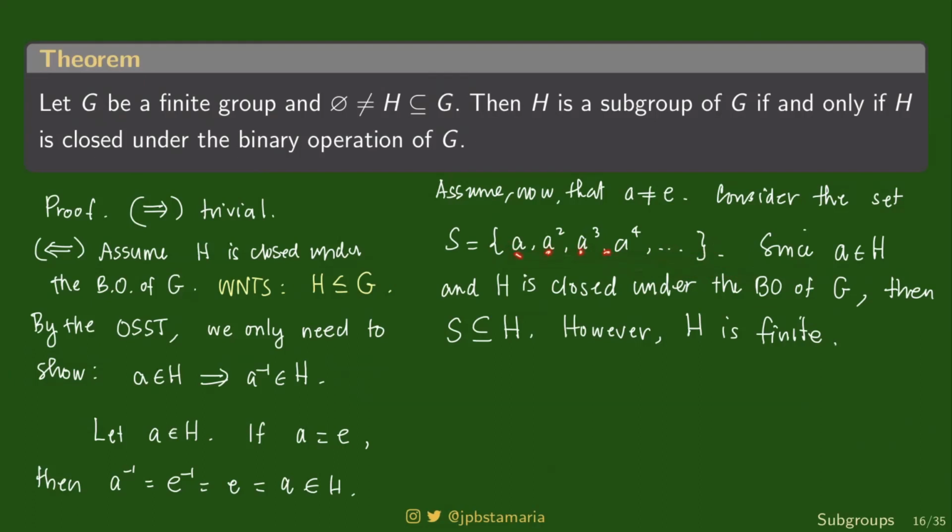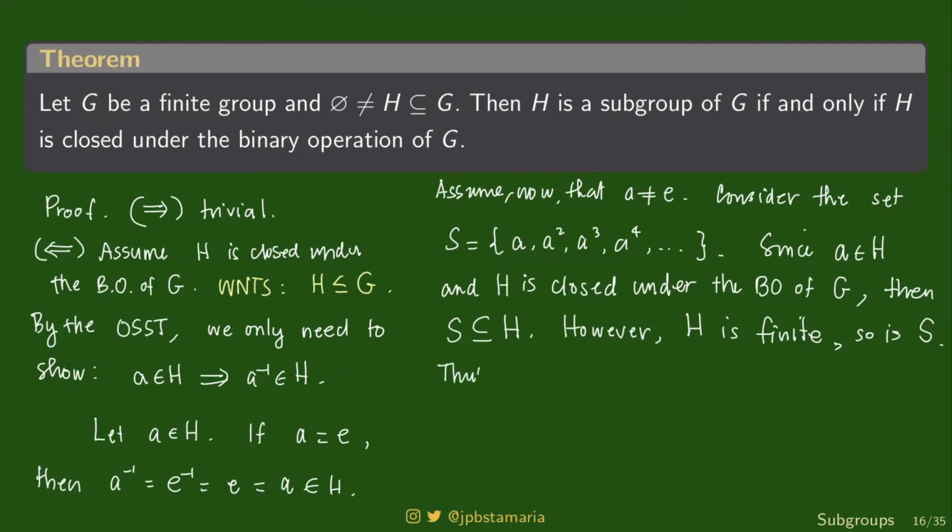Hindi pa pwede magkakaiba yung mga yan, otherwise magiging infinite. So dapat, since S is inside H, S must be finite. However, H is finite, so is S. Diba? O, ano nga yung mangyayari? May magre-repeat dyan. Ibig sabihin, may dalawang positive powers dito, ang magkaiba na exponent, pero pare sila ng value.